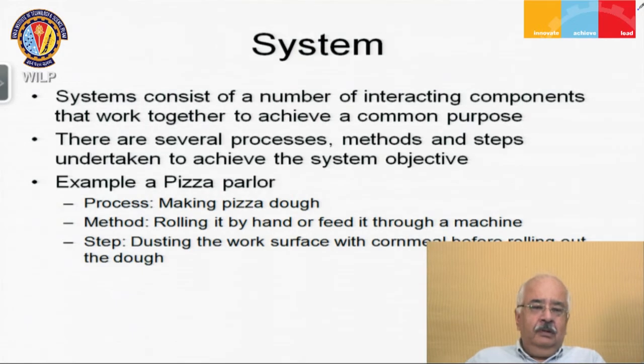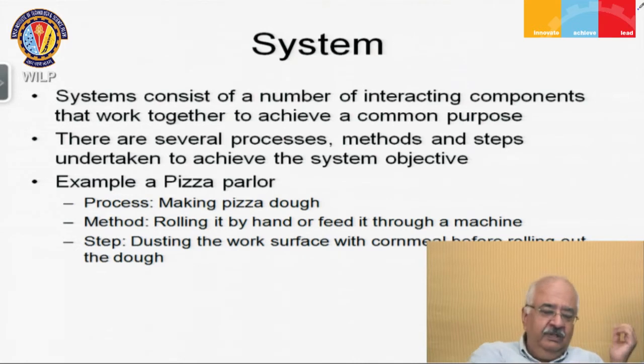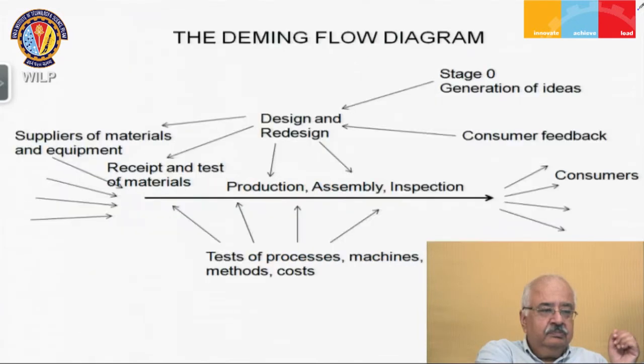A step in this method, if we talk about rolling the pizza dough by hand, could be to dust the work surface with some cornmeal, okay, which is basically corn flour, before rolling out the dough, so that the dough does not stick to the surface. So each one of these things has a certain hierarchy, and ultimately the process ensures that we are able to achieve the end of the system, which is to have the pizza made, which is the objective of the system, which is the pizza parlor.